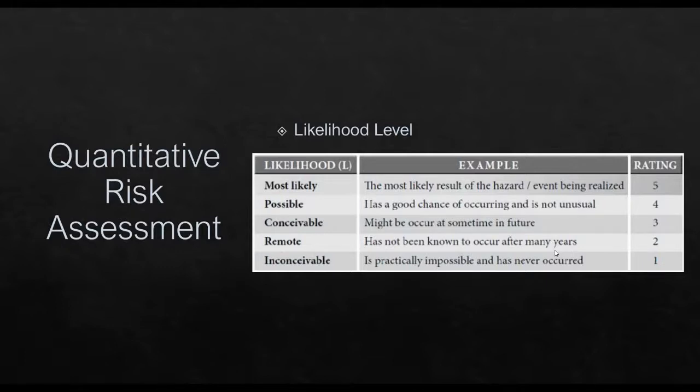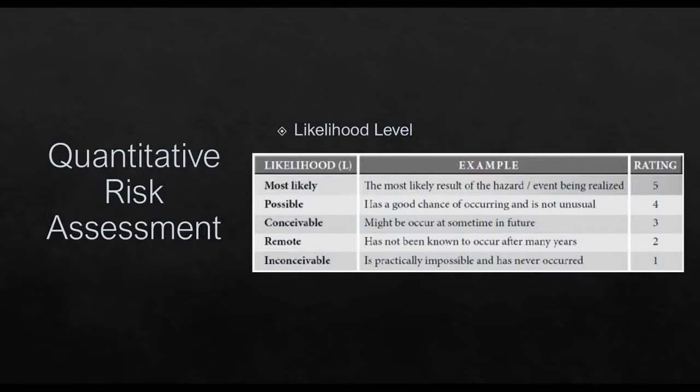So this is long term, the likelihood, or sorry, is the long period of the likelihood, or possibilities that might happen to that hazard. And then conceivable might occur at some time in future. Ini possibilities yang akan berlaku masa akan datang, yang kita tak tahu.